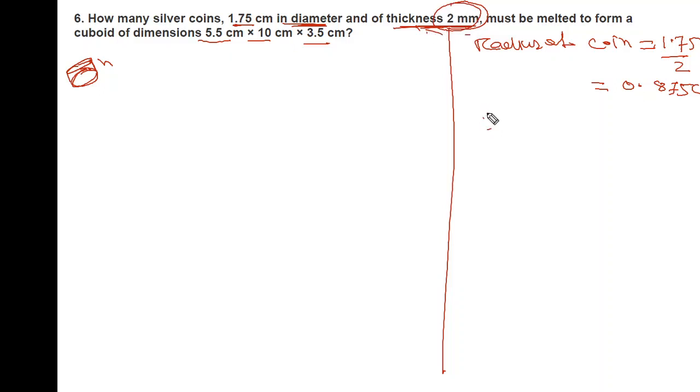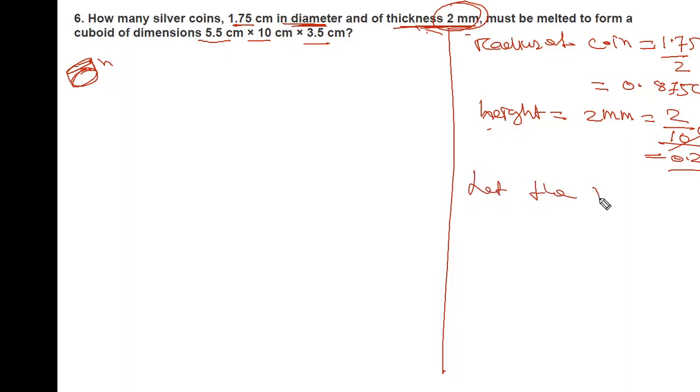Thickness, or you can write it height, equal to 2 mm, which is equal to 2 by 10 cm, or you can write 0.2 cm, whichever you like. Now let's assume the number of silver coins be n. You can write let the number of coins be n.